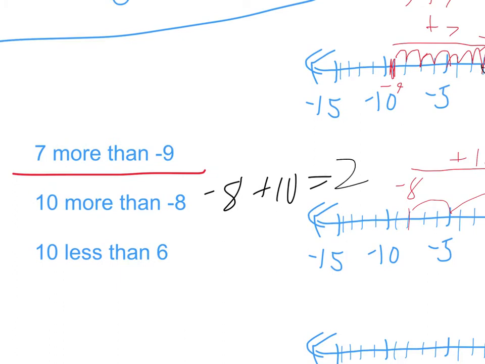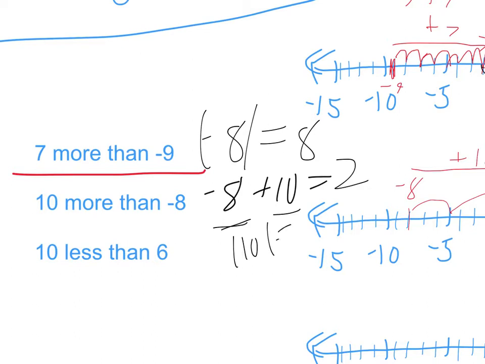Notice that in this one, the negative number and the positive number differ in their absolute values, so the distance from 0. The absolute value of negative 8 equals 8, and the absolute value of 10 equals 10. So the one with the larger absolute value determines what the final sign is. In this case it's positive 2.